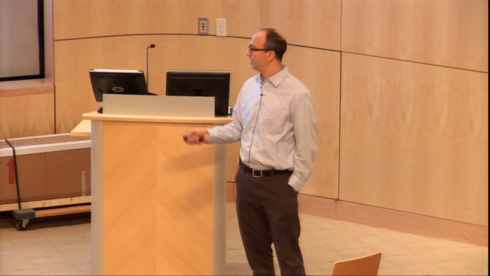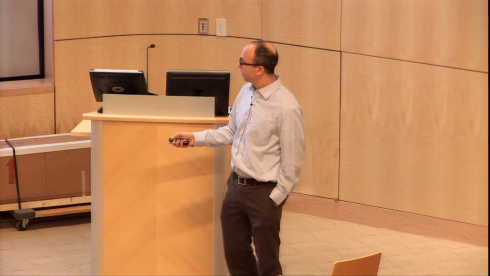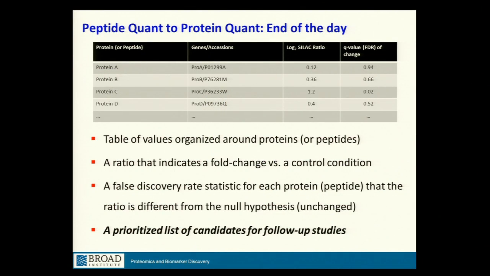So you've got 2 sets of false discoveries that you might be able to arrive at the end of the day. So what it really boils down to is we're going to hand off to you a prioritized list, whether it's by the SILAC ratio or iTRAQ ratio or false discovery rate, prioritized list of candidates that should inform your next experiment.